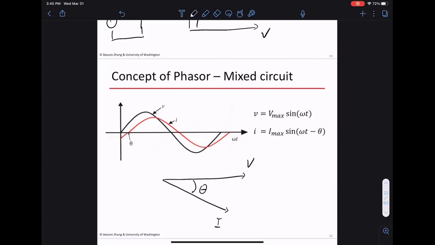This is a mixture that could be lagging or leading. Here we're drawing it as lagging, but it could be leading, depending on which one is more dominant, whether it's more capacitive or more inductive. So the angle could be positive or negative, it can take both signs. Any other questions about this?